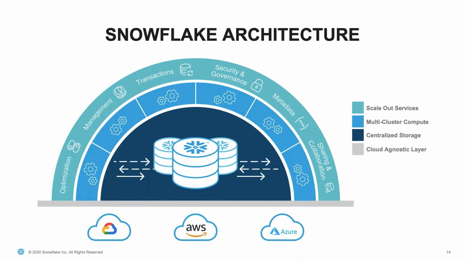The second piece of the architecture is this multi-cluster compute. These blue gears in the middle are compute resources. They're clusters of computers. They're separated from the storage, and they operate independently.